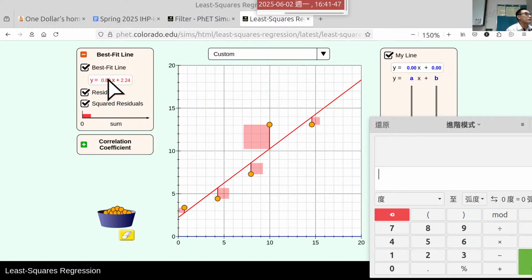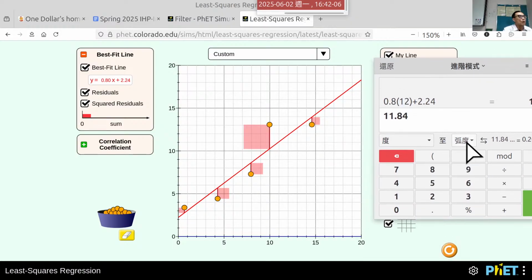According to the best fitting line equation, we have y equals 0.8 times 12, then plus 2.24, and enter. We got the y value, 11.84. It means from here to here, that is 11.84.